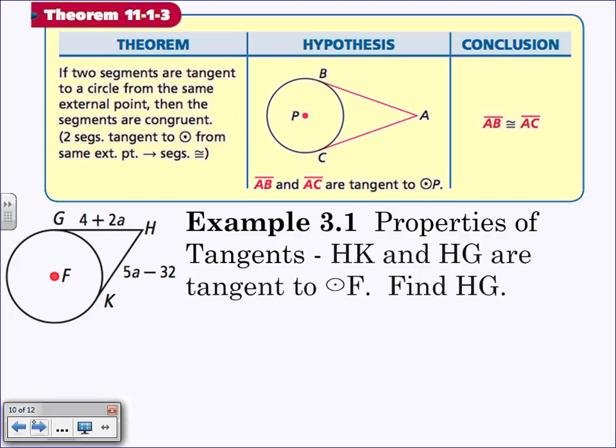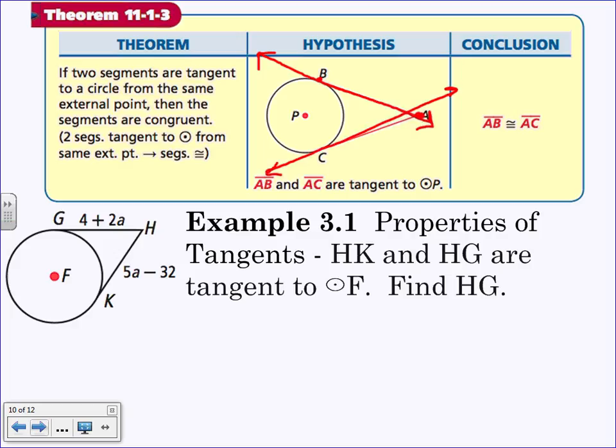So if two segments are tangent from the same external point, here I'm going to tell you that we have point A that lies outside the circle, an external point. And we have two tangents drawn from it. First one is tangent AB. Notice that it intersects the circle at only one point. We have tangent AC.